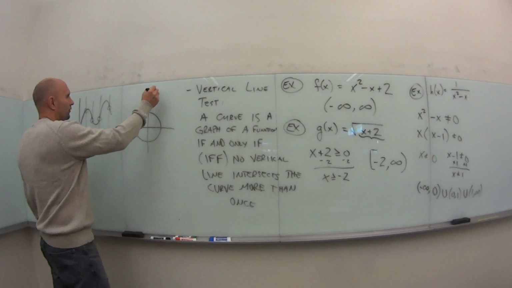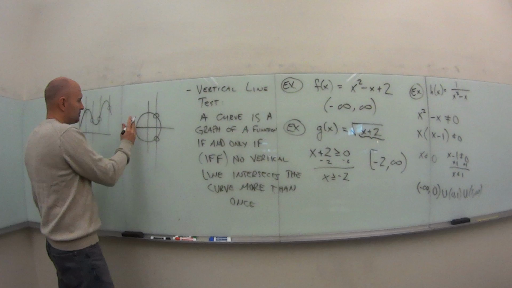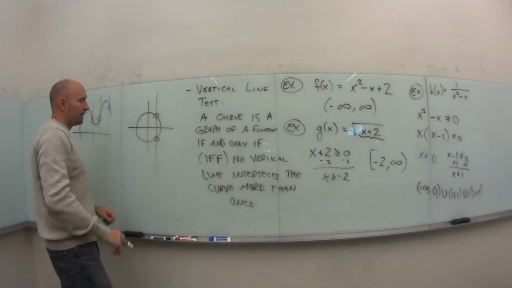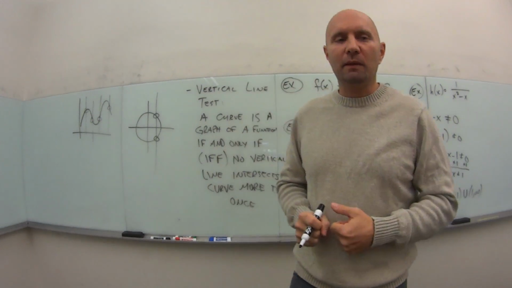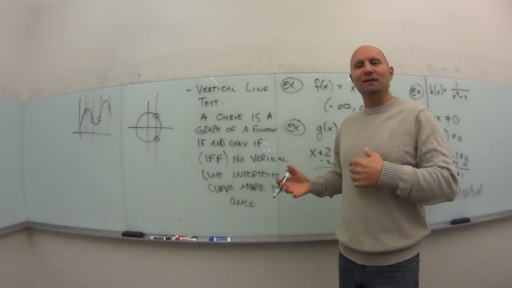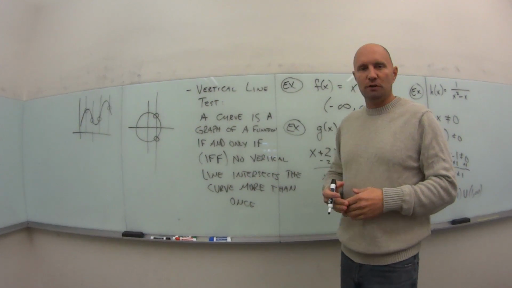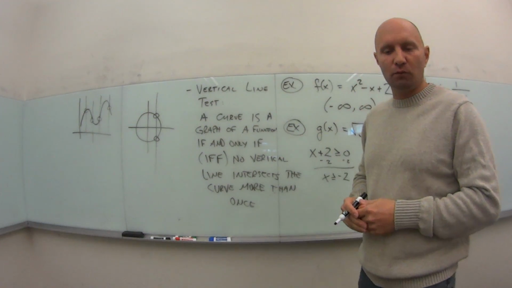How about our unit circle? If I draw a vertical line, what happens? Pretty much except at the very left and right side of this circle, I'm going to be contacting 2 points. So because I'm contacting 2 points, that means a unit circle is not the graph of a function. It fails the vertical line test, therefore that is not the graph of a function.